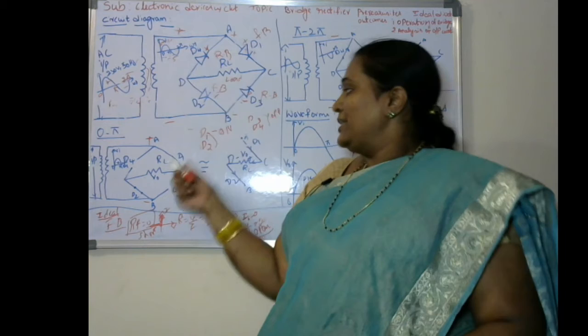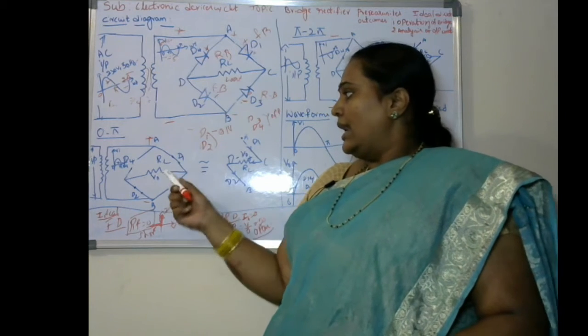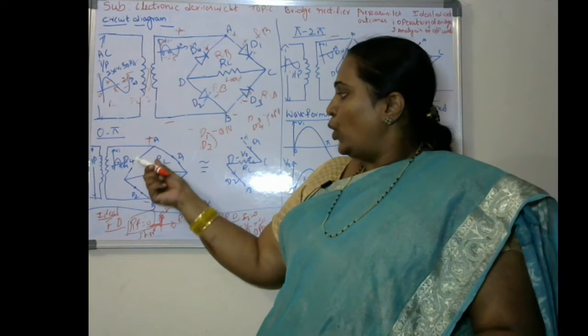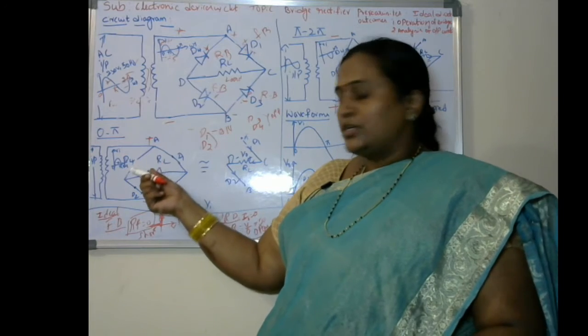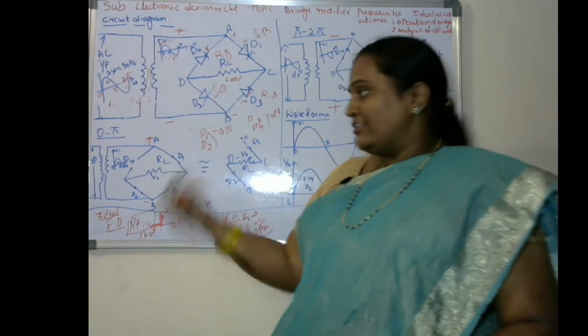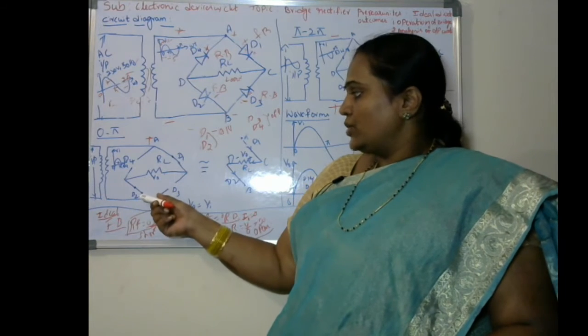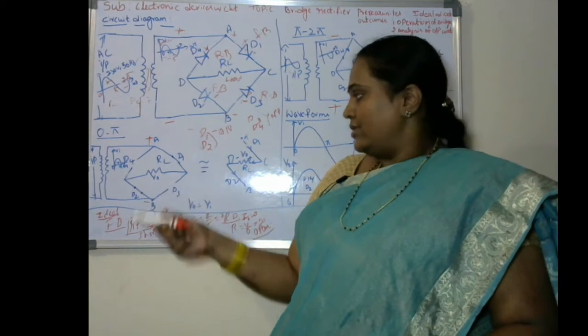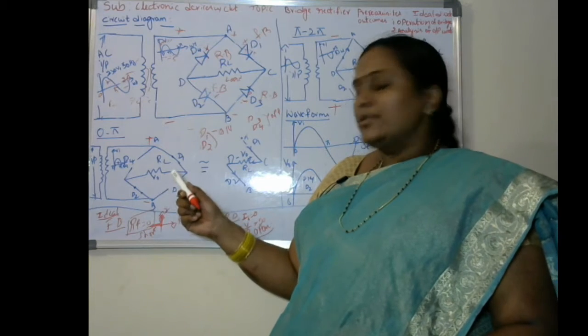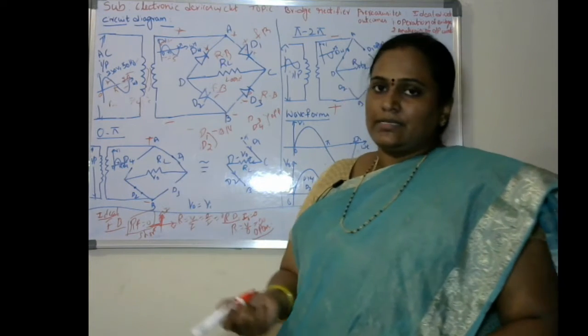D1 has been shorted and D4 has been opened, since it is an open circuit, since it has been reverse biased, and D2 has been short circuited since it is forward biased, and D3 has been open circuited since it is reverse biased.